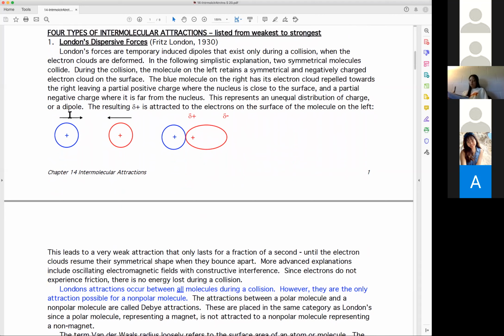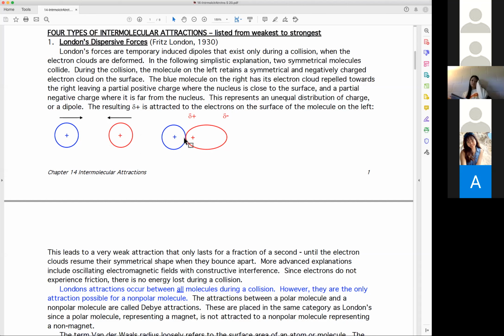So here's two symmetrical molecules or atoms on a collision course. You can see that their electron clouds are perfectly symmetrical. When they slam into each other, and I've been trying to get a way to visualize this, I made it so that this one completely won the collision and this one completely lost the collision. That's not exactly true. But these electron clouds right here repel one another.